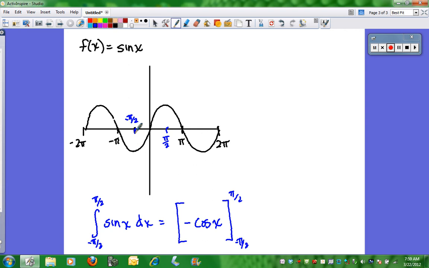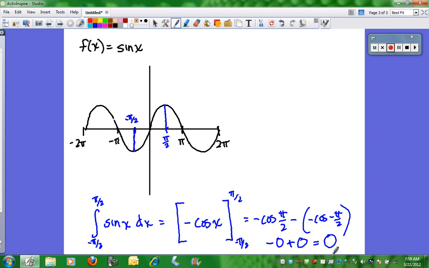So we get negative cosine of pi over 2 minus negative cosine of negative pi over 2. What is the cosine of pi over 2? It's the x coordinate, which is 0. So this is negative 0, and this is also 0.